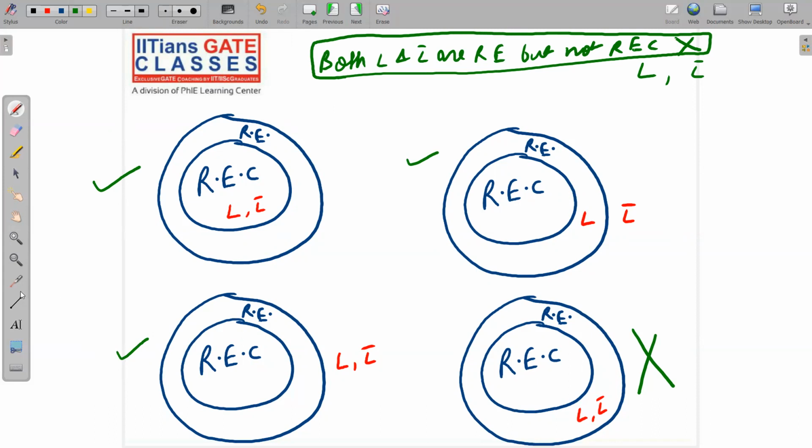This is not at all possible. Because if both L and L bar are RE, then actually both will be REC.